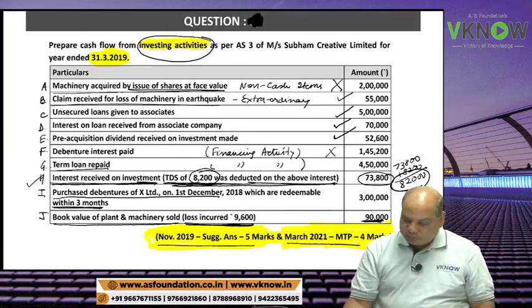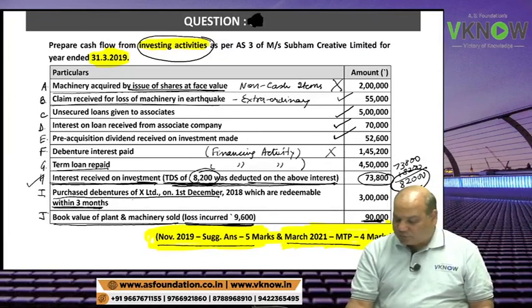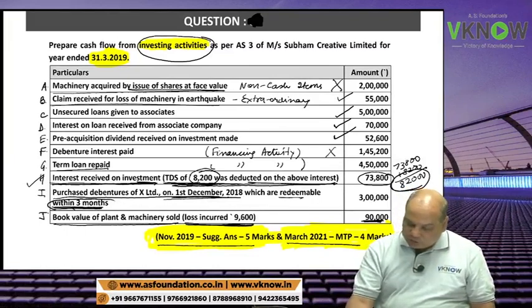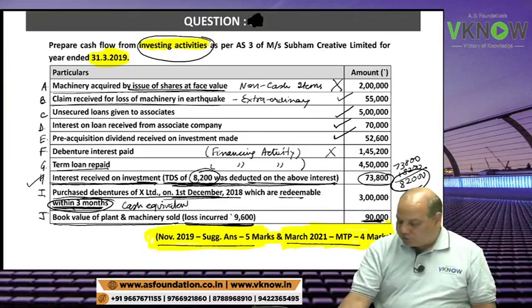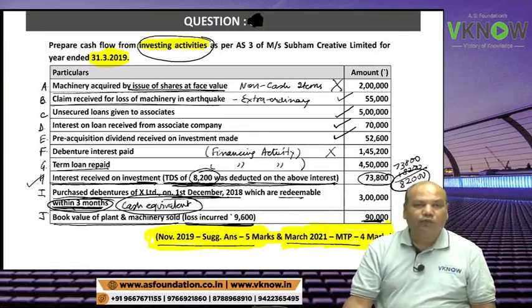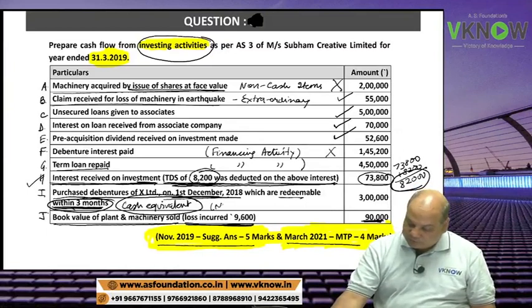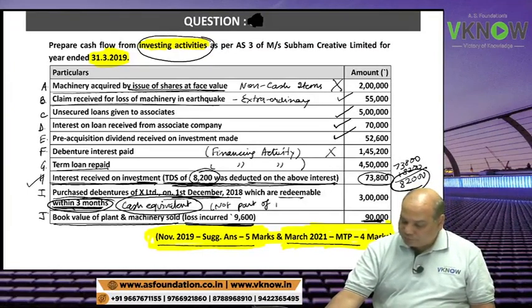8,200. Next is purchase of debenture on 1st December which are redeemable within 3 months. So it is cash equivalent, and because it is cash equivalent, it will not form part of investment activity.